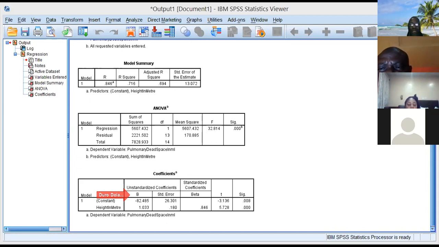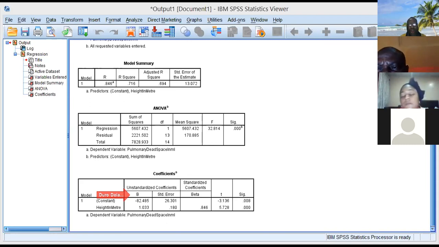You also see a standardized coefficient, which is 0.846. This one is the statistic, but in the population, that standardized one is the parameter.